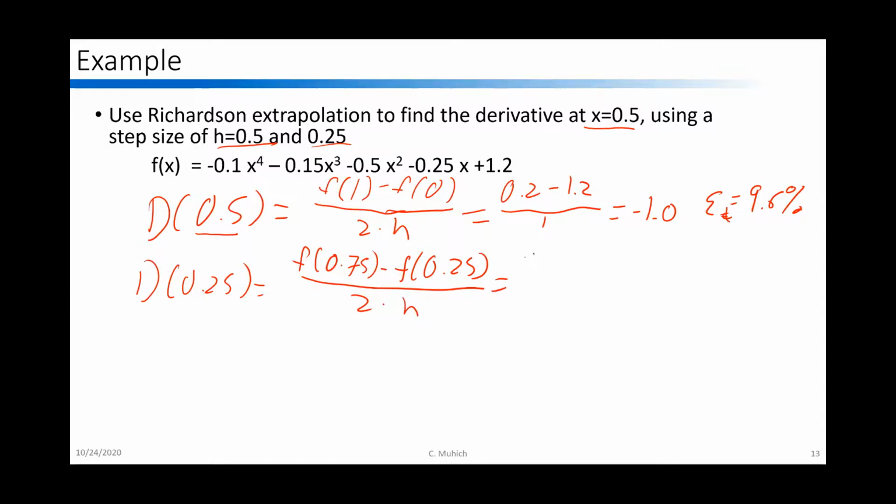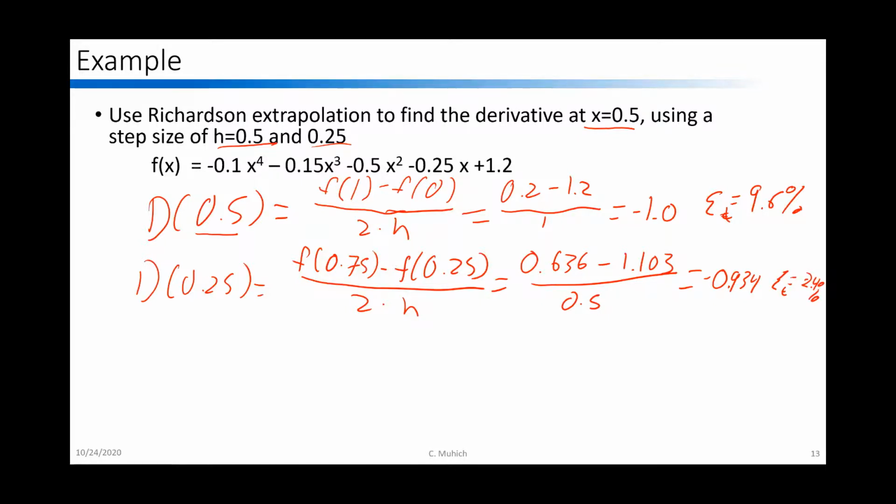When I plug these values in, I get 0.636 minus 1.103, this time over 0.5, because my h has been cut in half. I do this out, I get negative 0.934 for a true error of negative 2.4%.